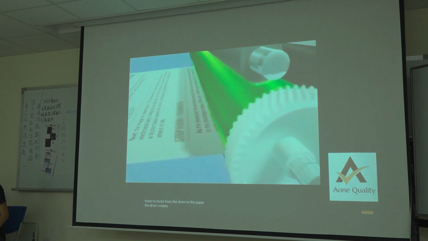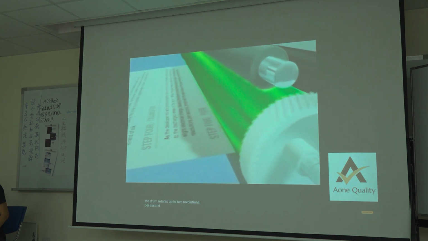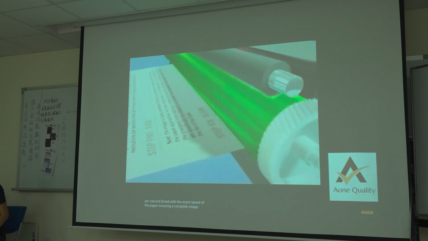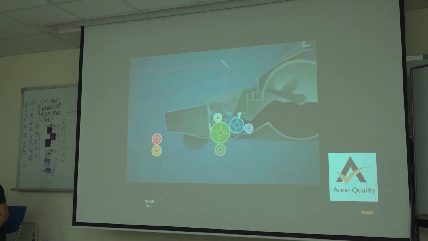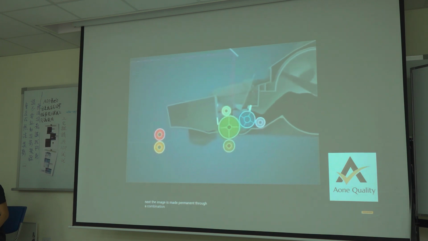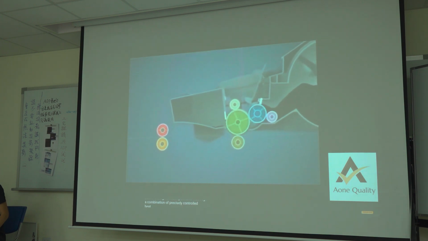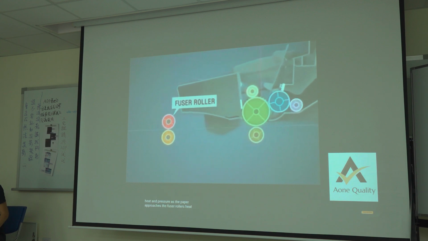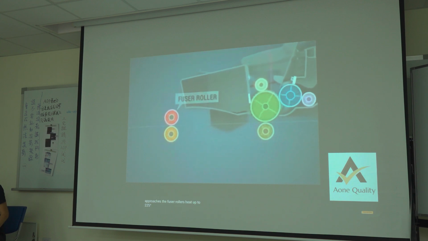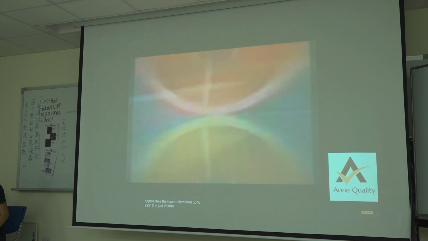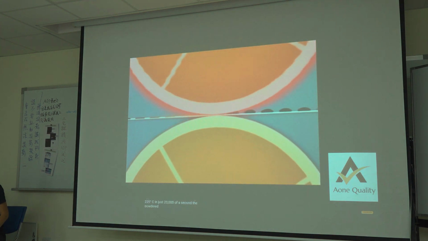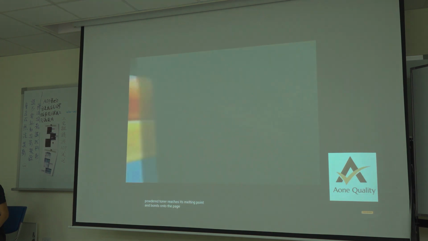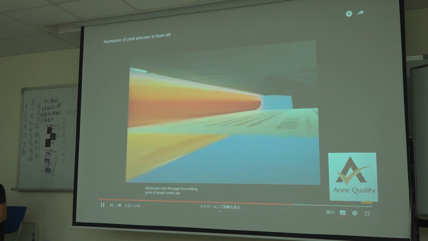The drum rotates up to 2 revolutions per second, timed with the exact speed of the paper. Next, the image is made permanent through heat and pressure. The fuser rollers heat up to 225 degrees Celsius. In just 23 thousandths of a second, the powdered toner reaches its melting point and bonds onto the page.